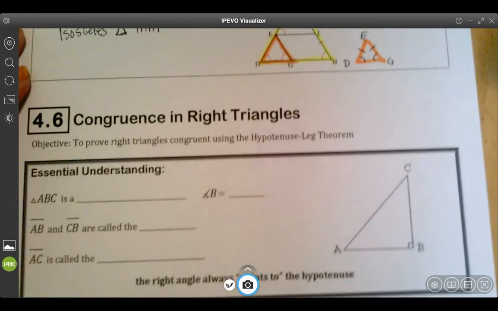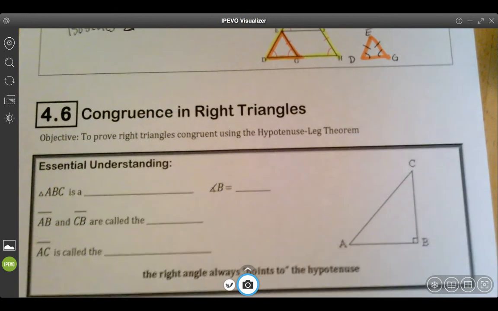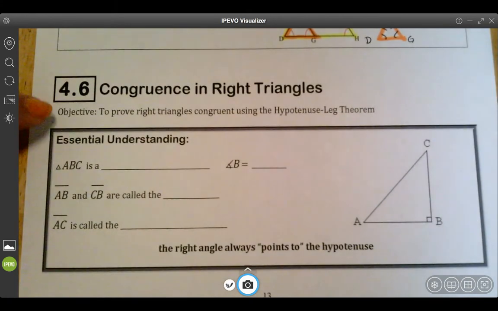All right, 4.6, this is our last section for this video. Our objective is to prove that right triangles are congruent by using the hypotenuse leg theorem. So this is a new theorem. It goes along with SAS and SSS and ASA and AAS. Okay, so this is a triangle congruence theorem.